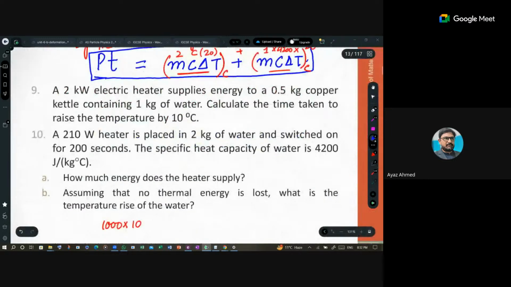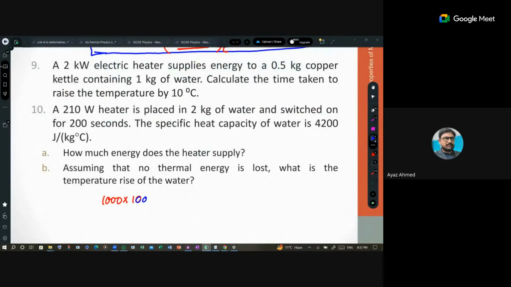So PT is P into T, 100,000, is equal to, what is the mass of container? 2 kg. C of the container is unknown. Temperature change is 20. Plus mass of the water is 1 kg. C of the water is 4200 and temperature change is 20. So it would be 100,000 on left side.